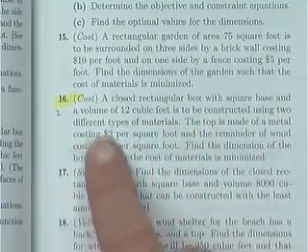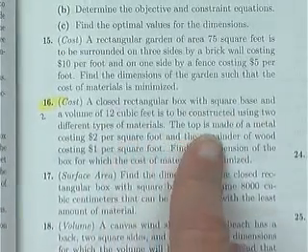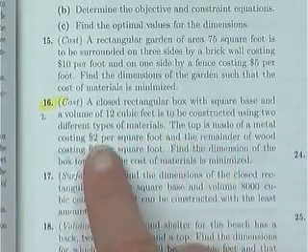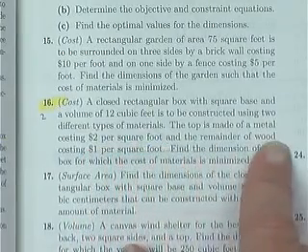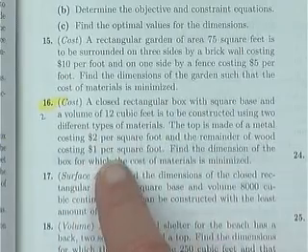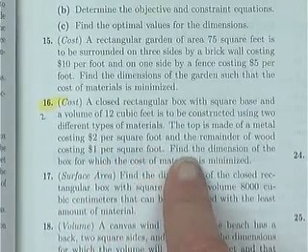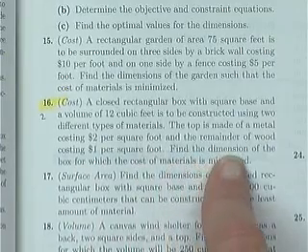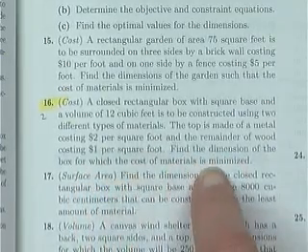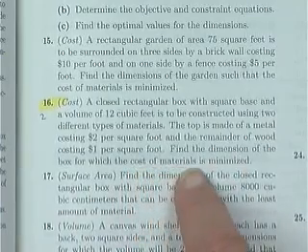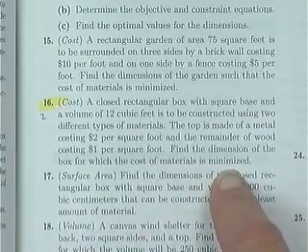And we're going to construct it using 2 different types of materials. The top is made of metal that costs $2 per square foot, and the remainder is wood costing $1 per square foot. Find the dimensions of the box for which the cost of the materials is minimized.